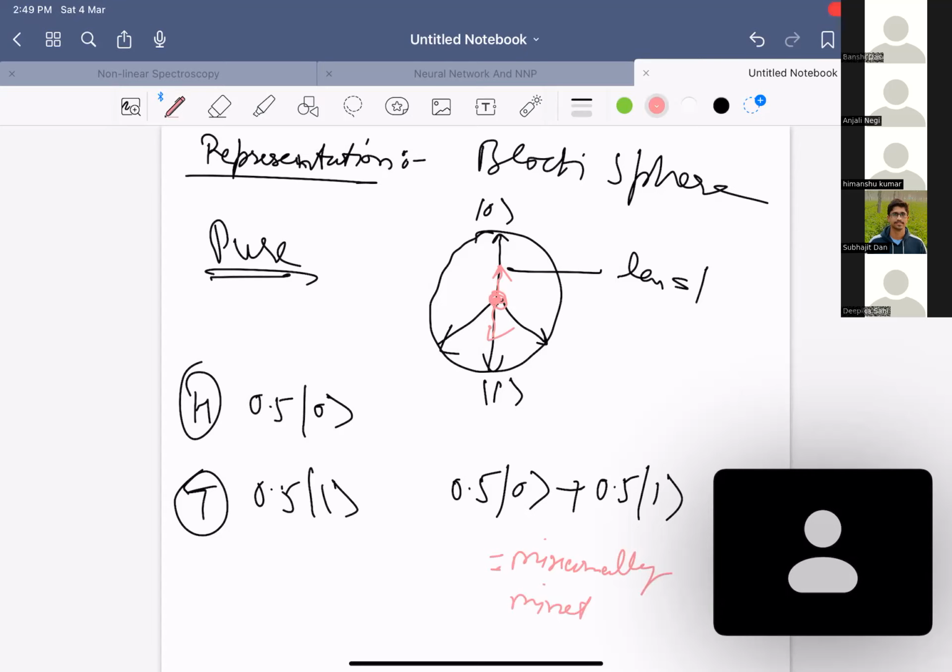But if it's not a maximally mixed state, then it is just the multiplication of the probability of that particular state with its vector.